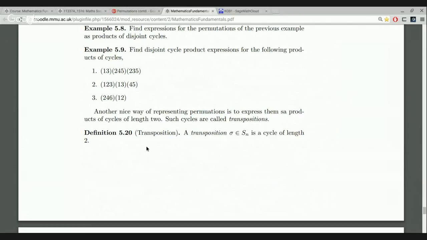So here we are working with cycles. Here's another example. Consider the following. Consider the permutation sigma. Let's say it's an element of S10, a symmetric group on 10 objects.